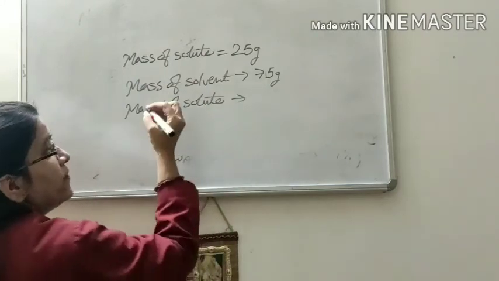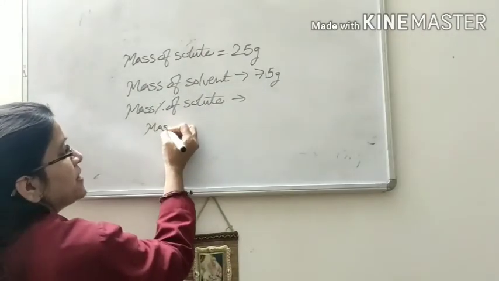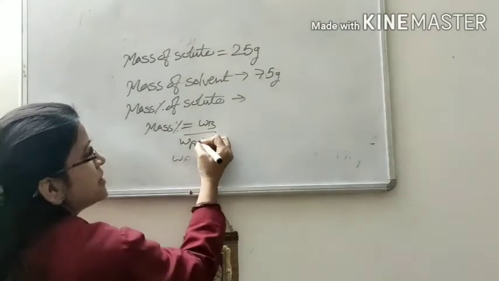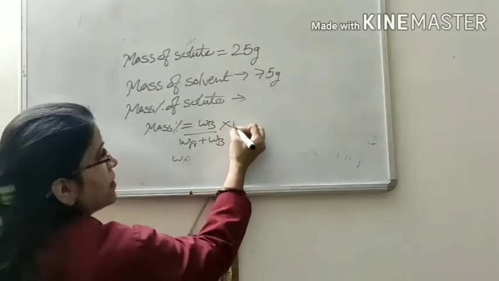So we know the formula, mass percentage is equal to Wb upon Wa plus Wb into 100.